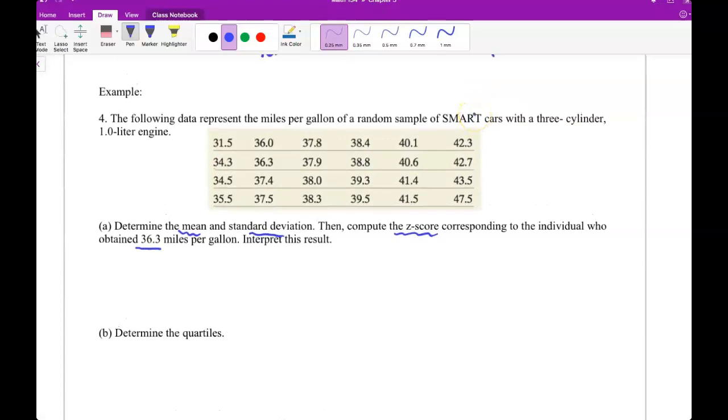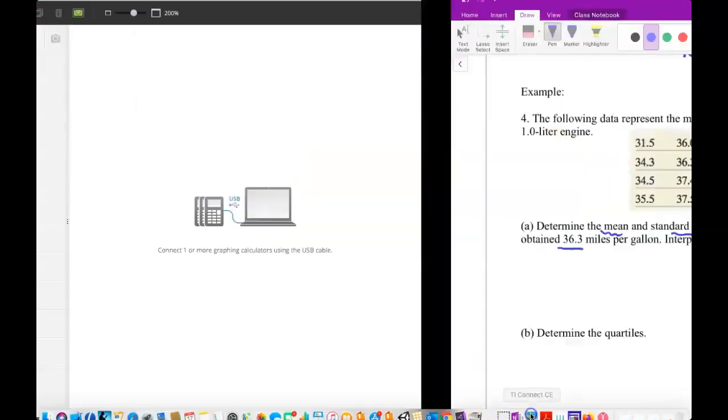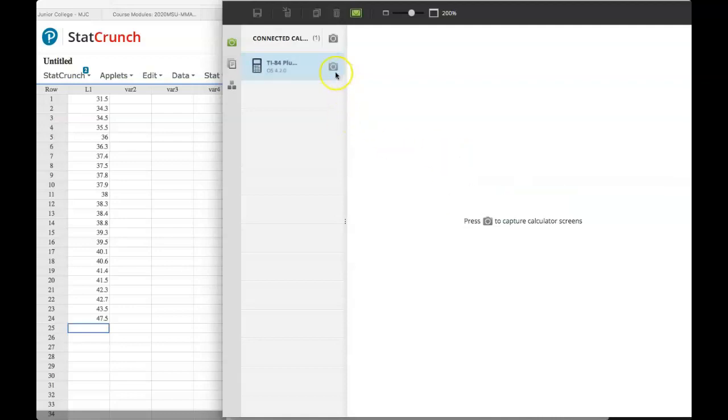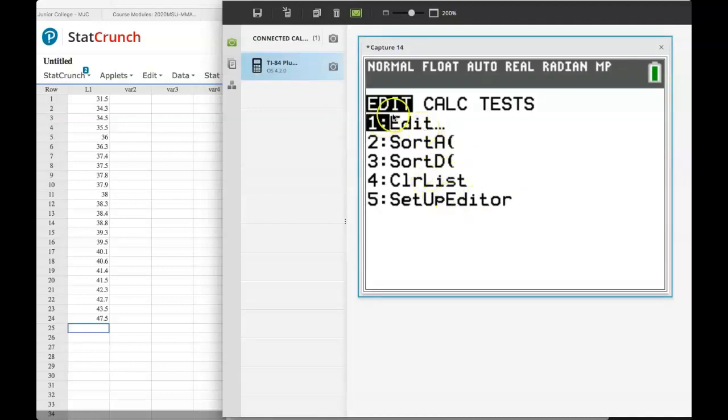So we can enter all these data into TI-84. First step is press STAT. So pressing STAT. We have this one. So you should have Edit number 1, enter.